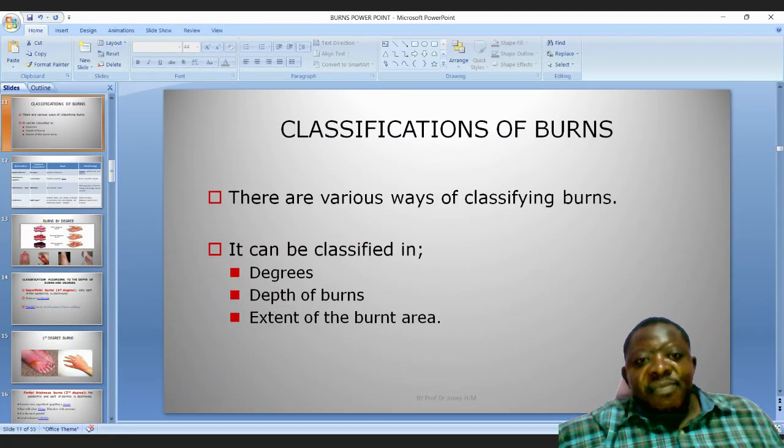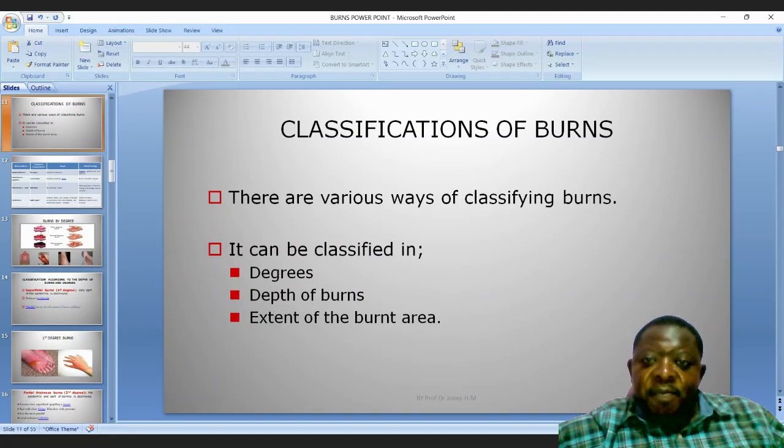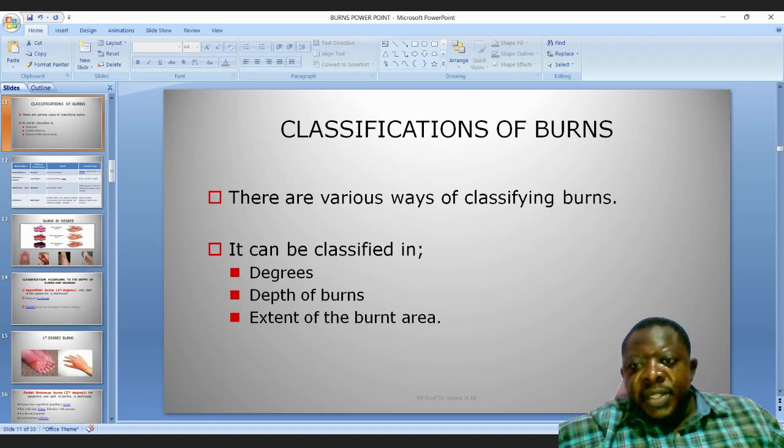Let us now look at another part of our lesson, which has to do with classification of burns. There are various ways of classifying burns.